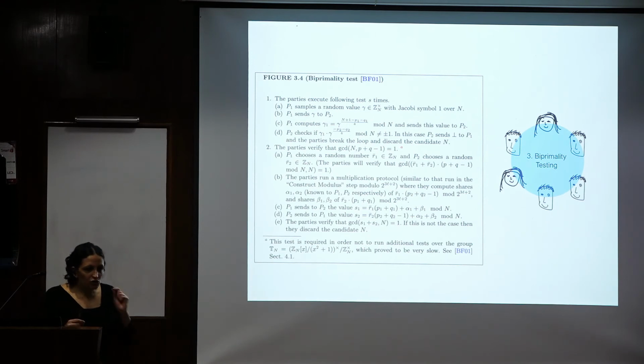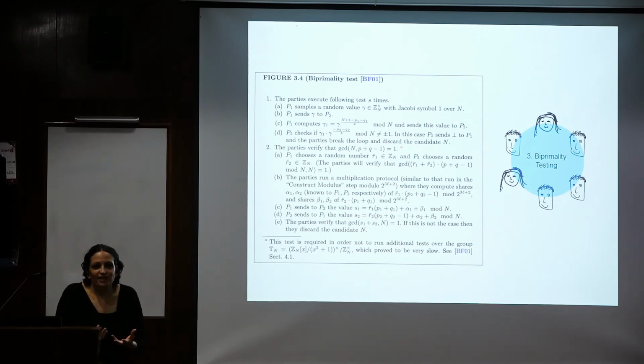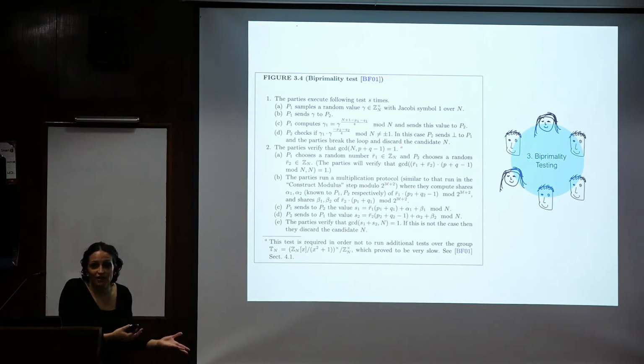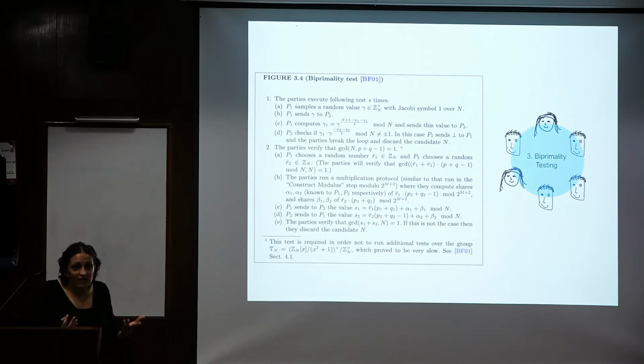So usually for most of our candidates, we did not need to test more than twice in order to eliminate a candidate. So it behaved fantastic in practice, and usually many times the empirical results can identify something that we should explore in theory also. And that means that we could probably greatly improve the Boneh-Franklin analysis.